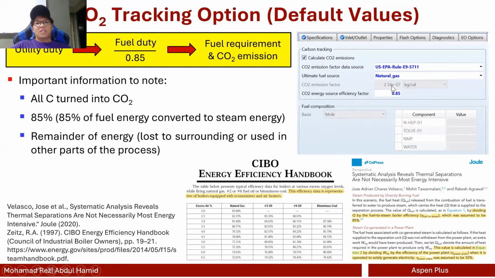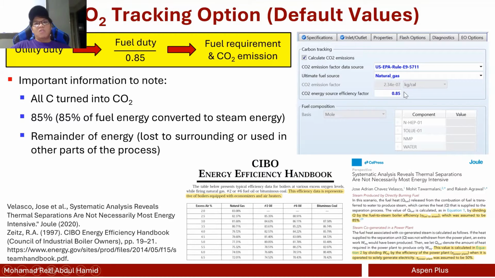The remainder of the energy is basically energy lost to the surroundings, maybe mechanical inefficiency, maybe heat transfer that is not highly efficient, and other kinds of things. So 85% of fuel energy will be converted into steam energy.